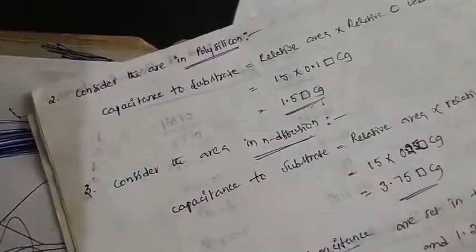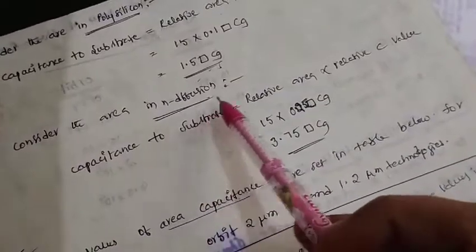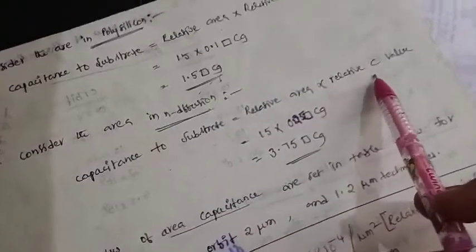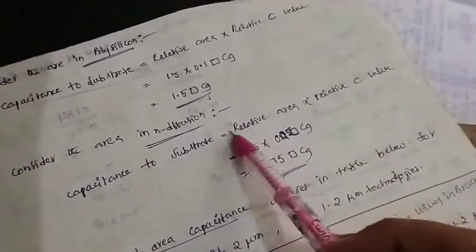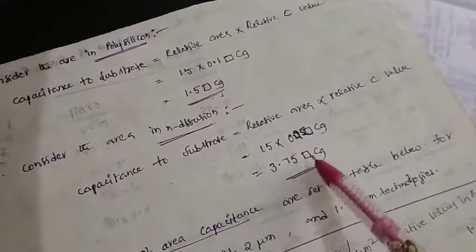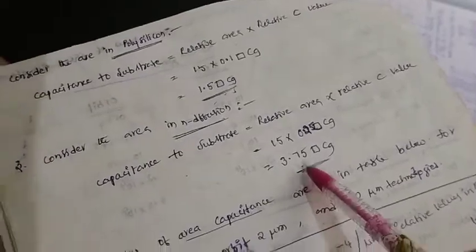Now consider the area in N diffusion. The area capacitance for the N diffusion is capacitance to substrate equal to relative area into relative C value. This is a common formula for all. If we simplify this, we get 3.75.